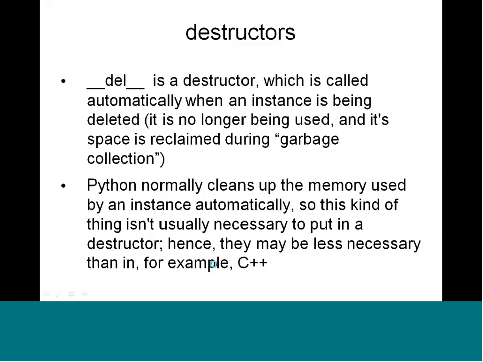Now I mentioned in the very beginning of this lecture that there are destructors that go along with the constructor. So now let's look at what a destructor is. The underscore del underscore is also known as the destructor, which is called automatically whenever an instance is being deleted.